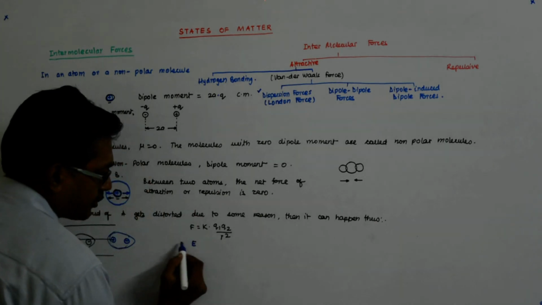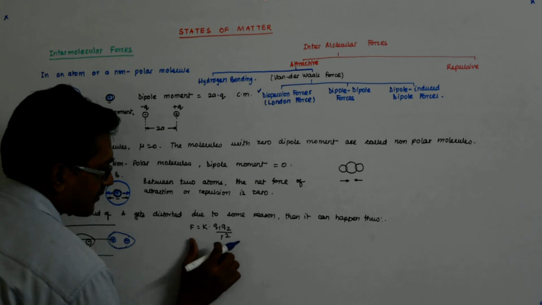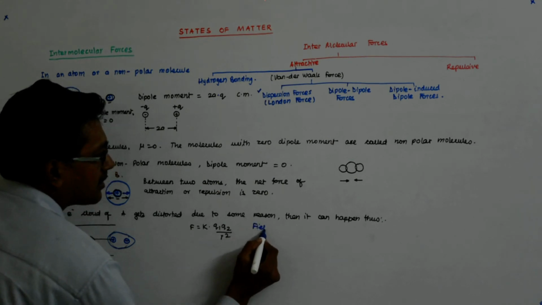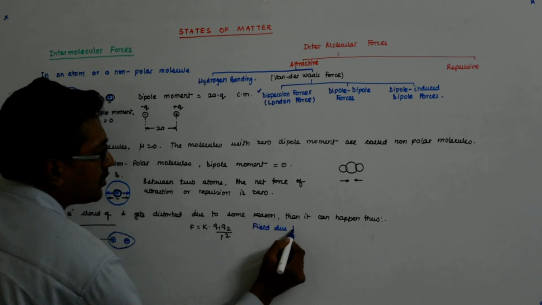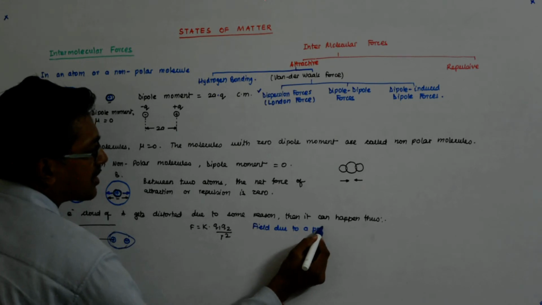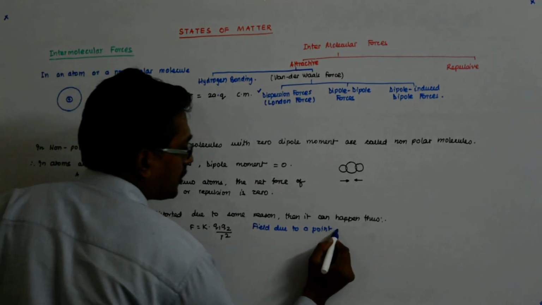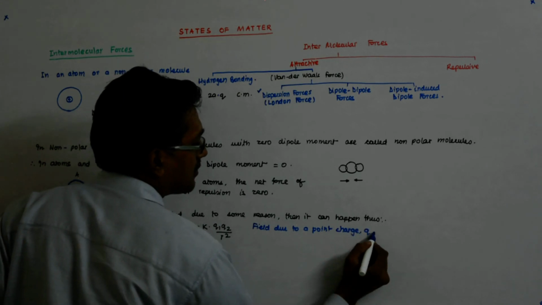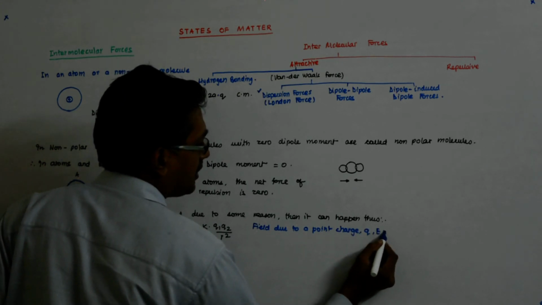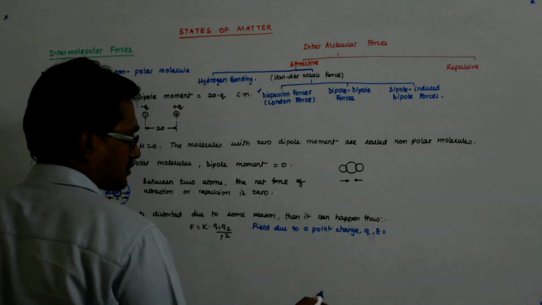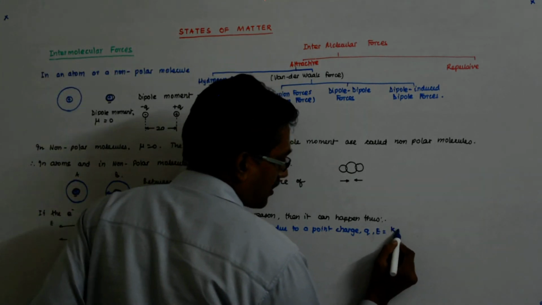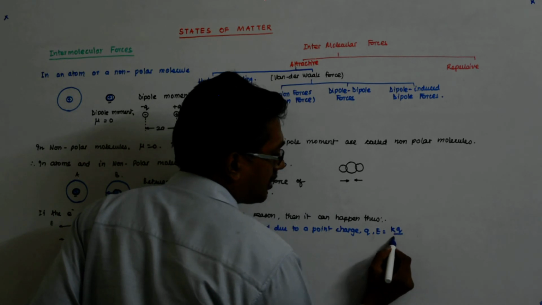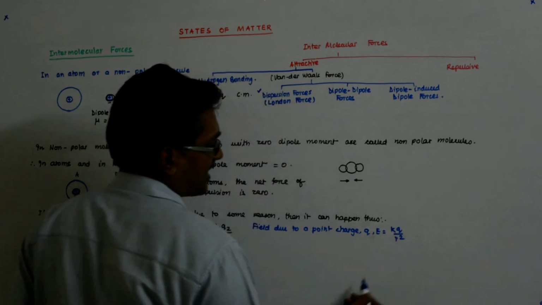So the field due to a point charge Q is E equal to KQ upon R square.